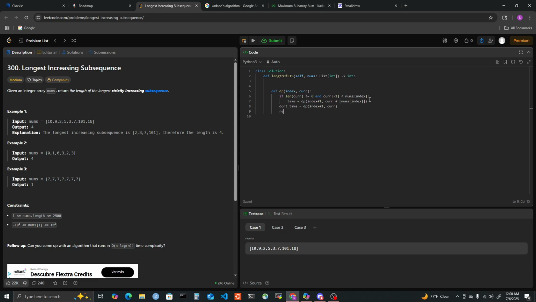And then there's reset, which is going to be a DP of index plus 1, and then nums of index. Okay, so we'll do that. It's all these arrays.